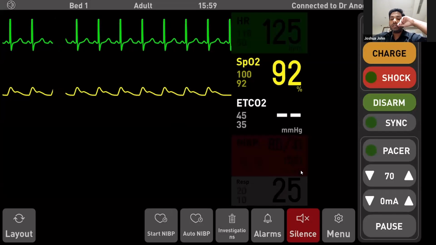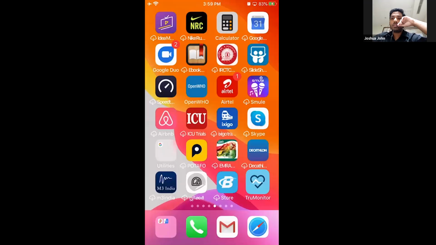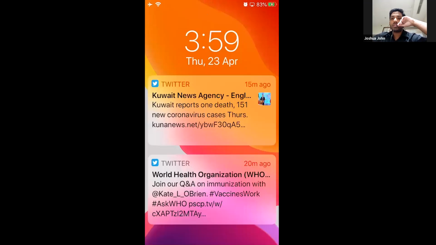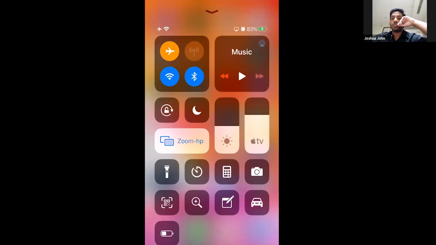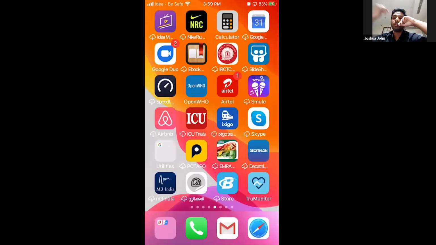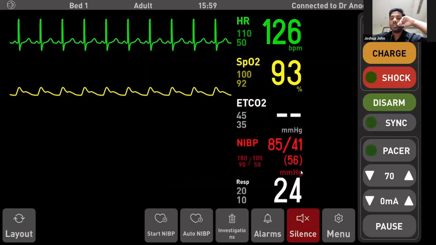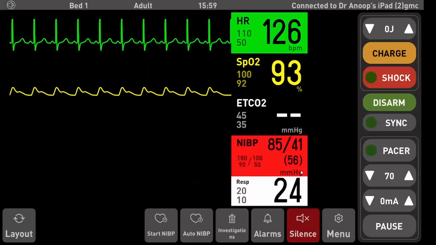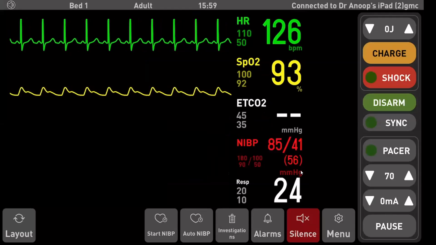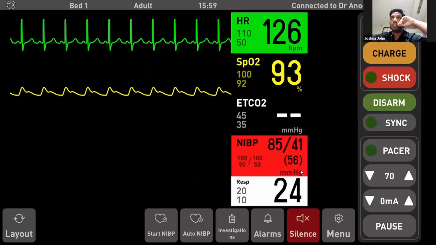By looking at the hemoglobin, if it is on the lower side, I would order blood as soon as possible. Until then, I would load the patient with fluids, preferably 0.9% normal saline.